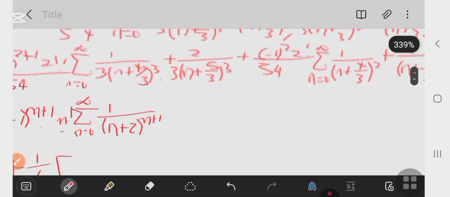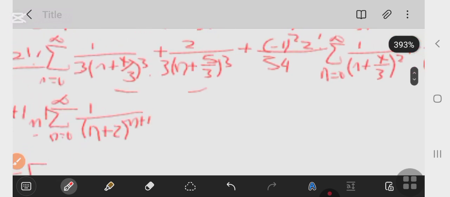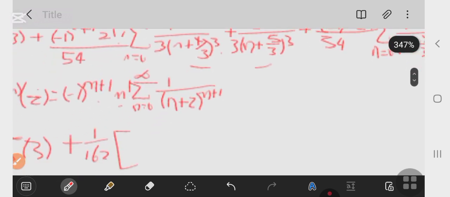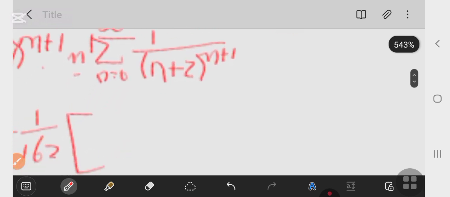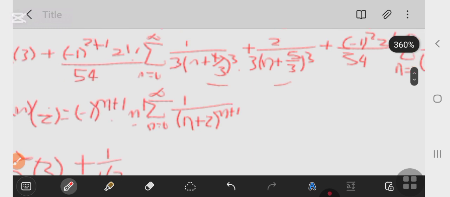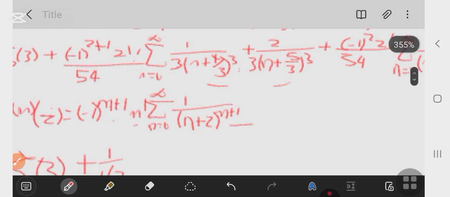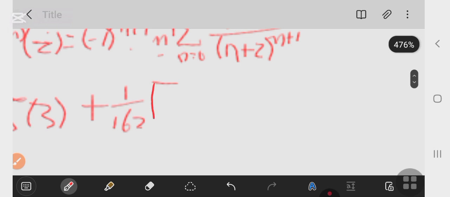These two now have obeyed the rules of the Polygamma function, so since m plus 1 is the same as 3, that means m is 2, so this is now digamma. Digamma what first?